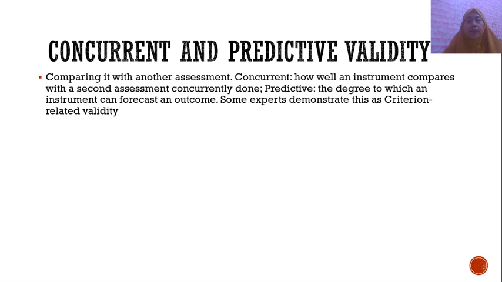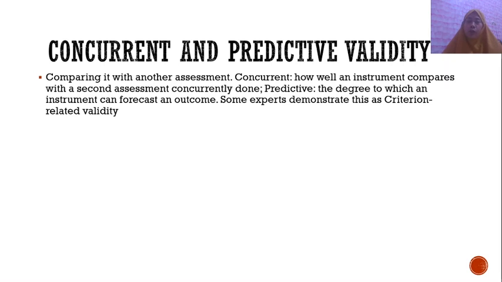The fourth validity is concurrent and predictive validity. It compares one assessment to another assessment. It is called concurrent if it is talking about how well an instrument compares with a second assessment done concurrently.